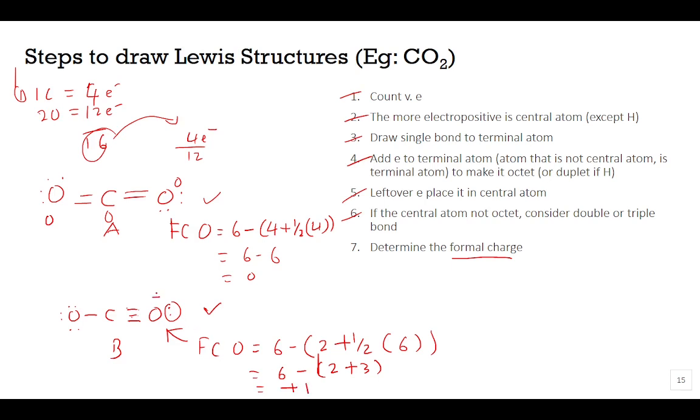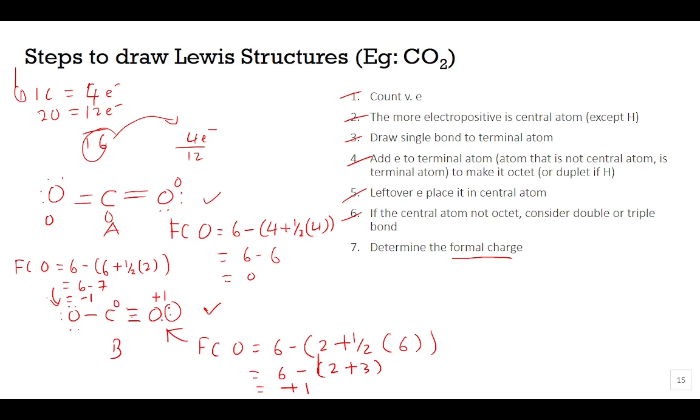And for this one, which is not identical, you need to calculate. The formal charge for oxygen here is 6 minus lone pair electrons 6, minus half of bonding electrons 2. So this one is 6 minus 7, so this is negative 1. But carbon here has 4 bonding pairs, which means this one is 0.